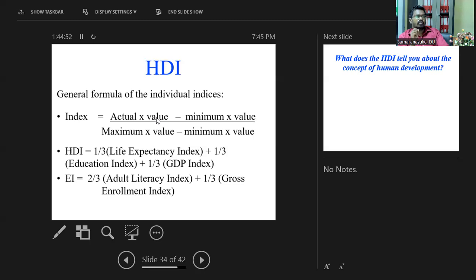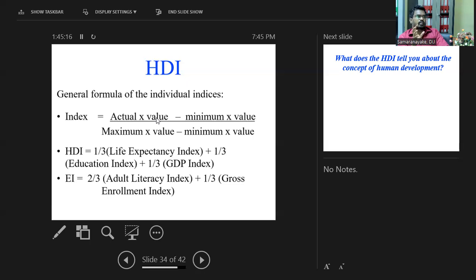And then we may have different indexes for different ranges, different dimensions, right? What we do for the Human Development Index, or HDI, is we take 1/3 of each of those indexes together.